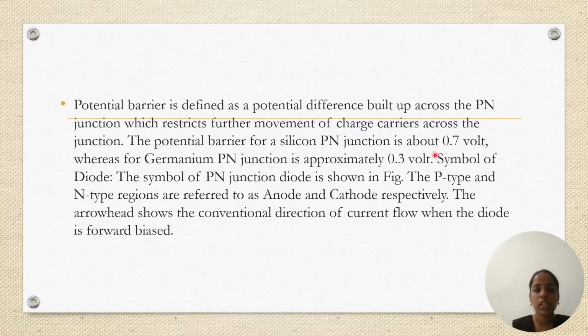Here we can see silicon has a cut-in voltage of 0.7 and germanium approximately 0.3 volts. This is also the symbol of a diode.